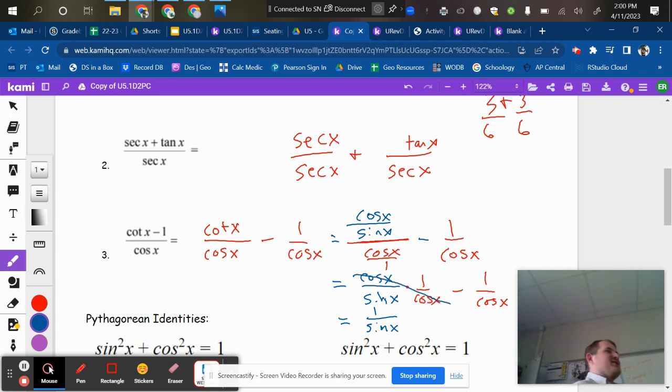So we've got the cosines are gone. We've got 1 over sine minus 1 over cosine.